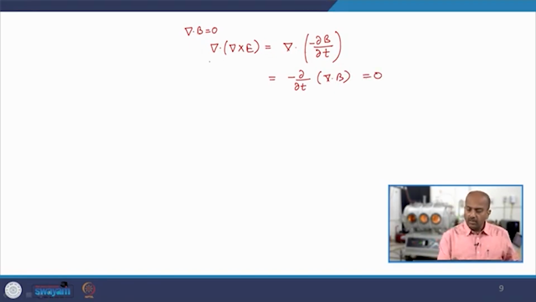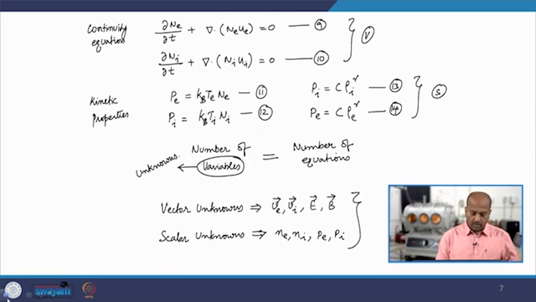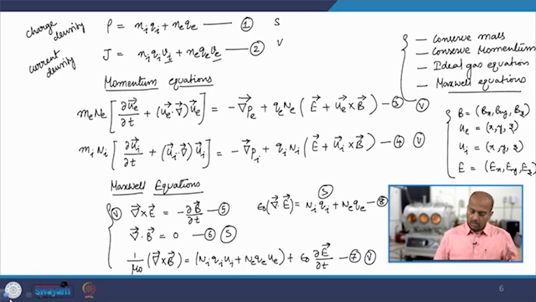So, having this equation del cross E is equal to minus dou B by dou t, which is equation number 5, the first Maxwell equation that we have written. The idea is, if you take the divergence of this, using vector identities we are going to establish that del dot B is equal to 0, because the divergence of curl is 0.